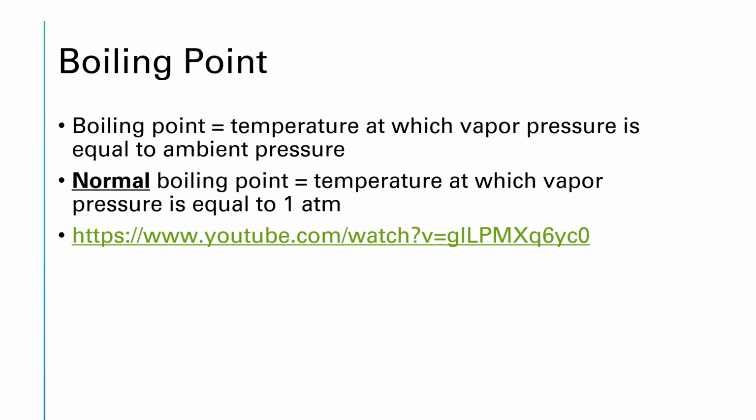All right, one last thing. Take a moment and go watch this video on YouTube. It's really pretty amazing. It shows you water boiling at room temperature because it's being done in a vacuum chamber. It's really kind of cool.